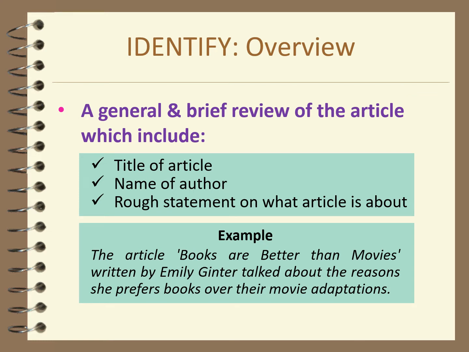For example, the article "Books Are Better Than Movies," written by Emily Ginter, talks about the reasons she prefers books over the movie adaptations. Based on this example, you can see there is the title of the article, "Books Are Better Than Movies," the name of the author, Emily Ginter, and roughly the idea of what the article is about, which is the reasons she prefers books over the movie adaptations.